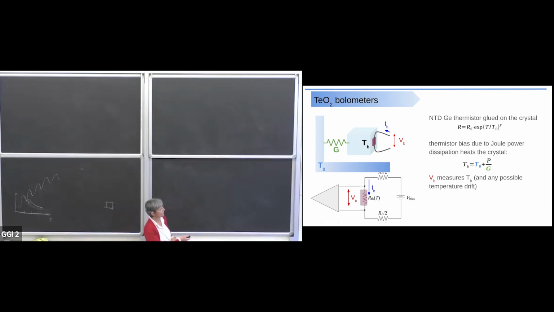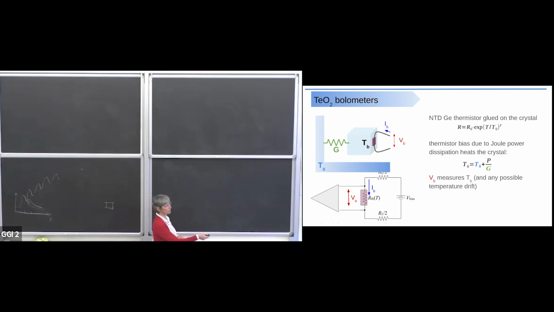And therefore I inject this current, and therefore I am dissipating a power here. And this means that the temperature of this crystal, when the thermistor is biased, is a bit higher than the temperature of my bath or my cryostat.